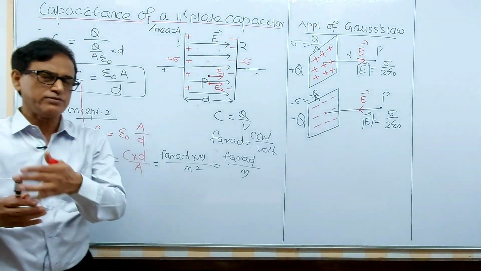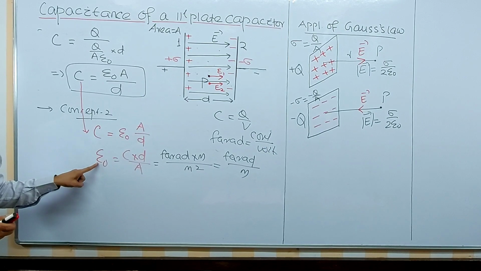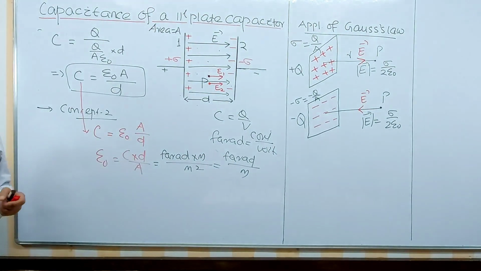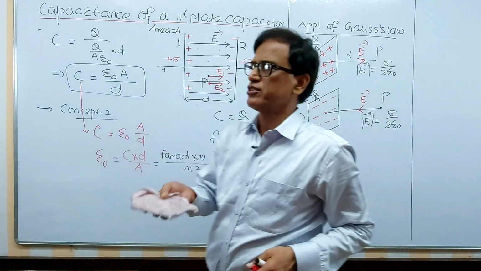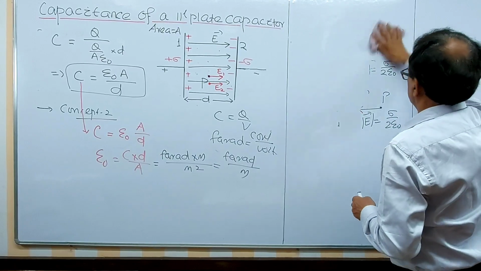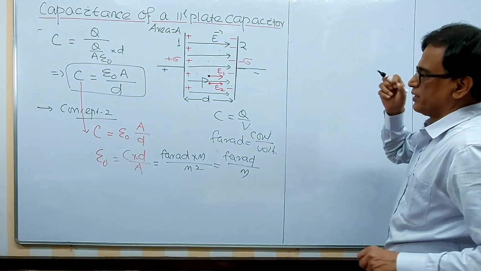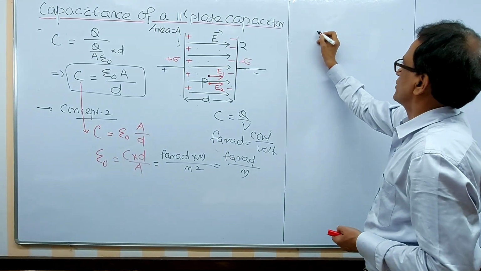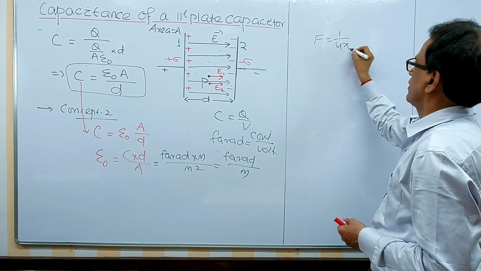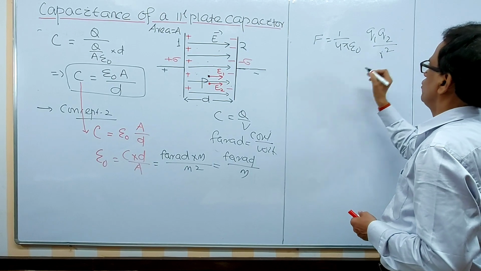You may be asked a question: prove that epsilon 0 can be expressed as Farad per meter. Come to Coulomb's law from earlier. We have done this one, I am removing this, it has no use now. Now epsilon 0 from Coulomb's law: F equals 1 by 4 pi epsilon 0 Q1 Q2 by R square.